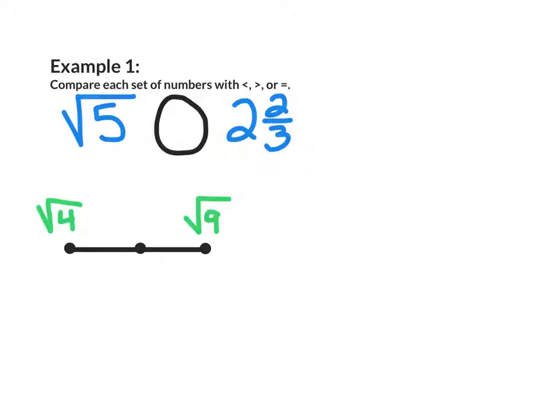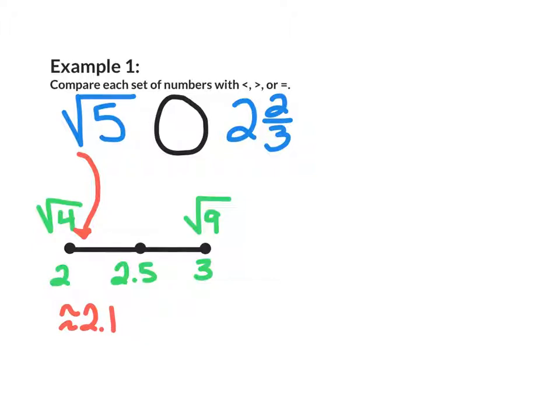The square root of 4 is 2. The square root of 9 is 3. Halfway in between is 2.5. So I notice that the square root of 5 is very close to the square root of 4. It's about there. So a good approximation would be about 2.1.